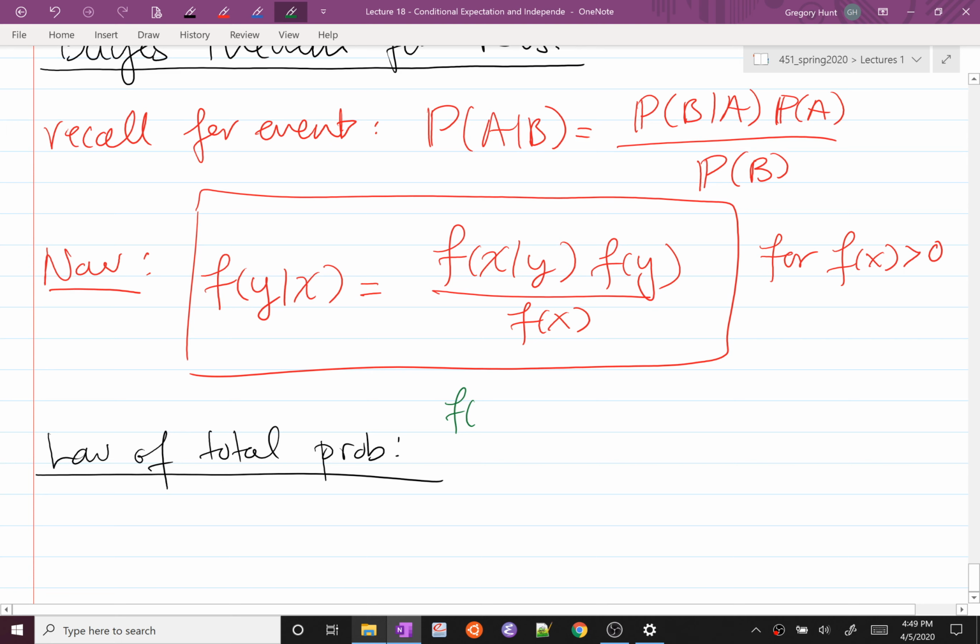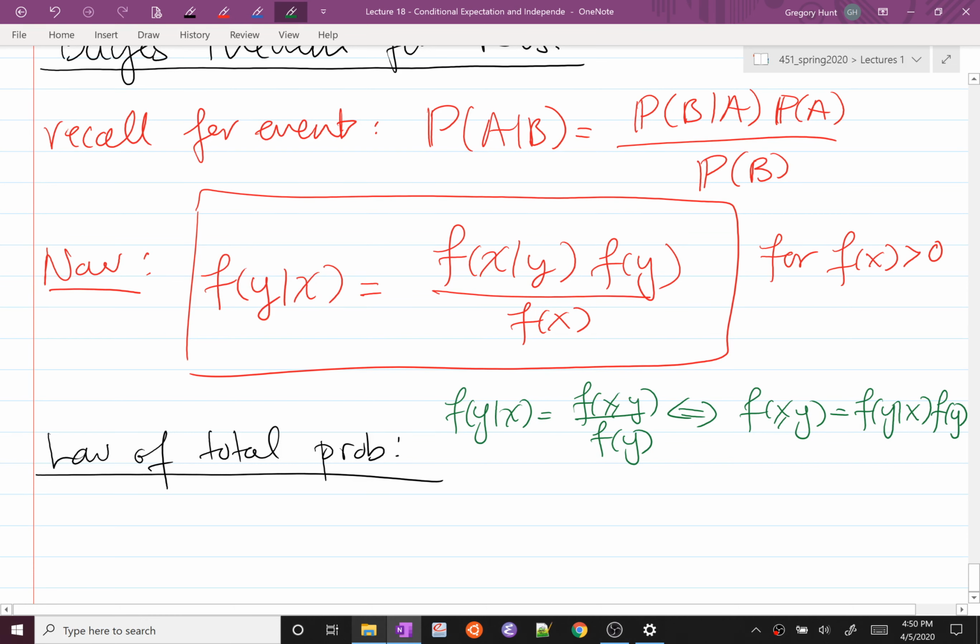We know that f of y given x is f of xy over f of x, or equivalently, f of xy is equal to f of y given x times f of x, just rearranging the formula. And equivalently, it's f of x given y times f of y. So those are the two facts. I can equate each side and then solve back, and I'll get what I have above.